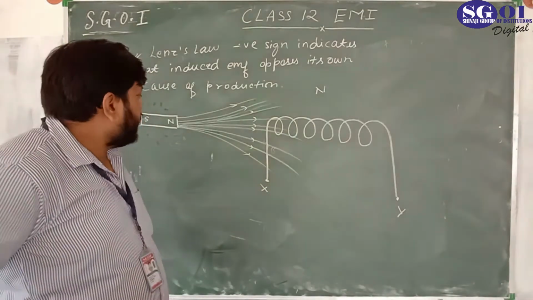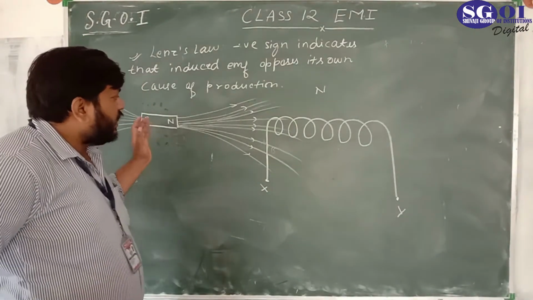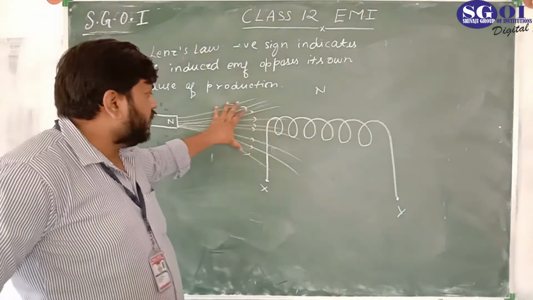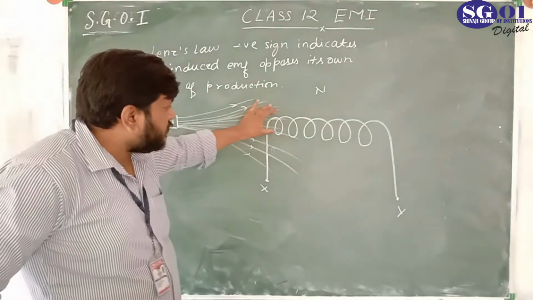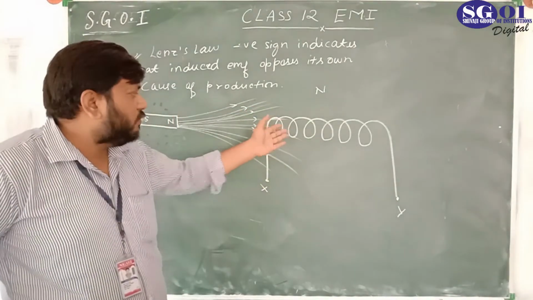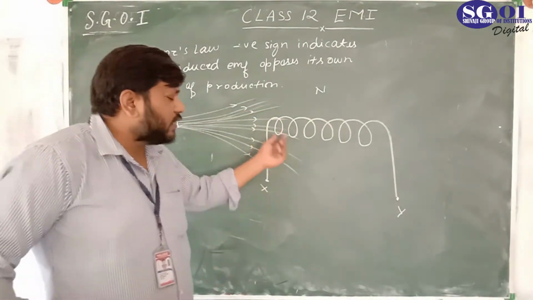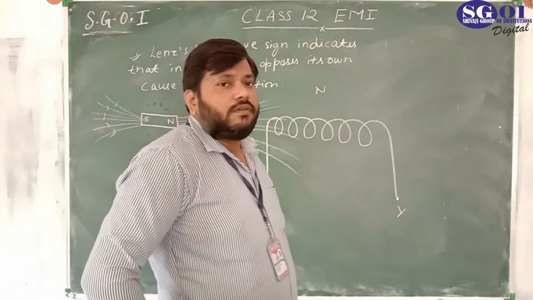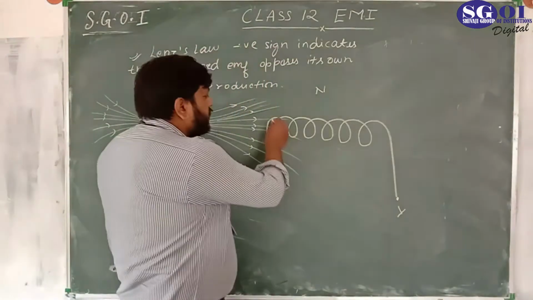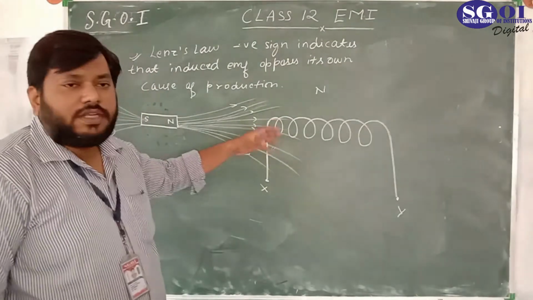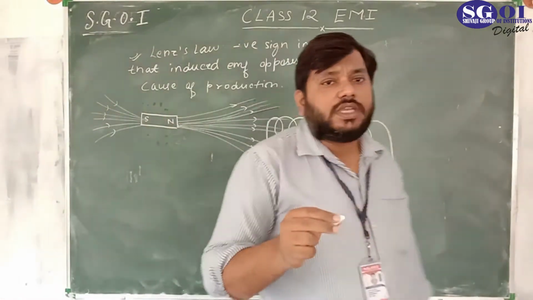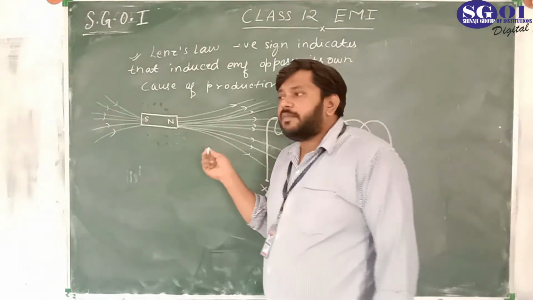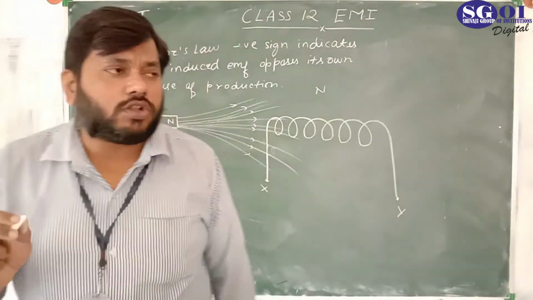You are seeing that this bar magnet is here, there is a magnetic field, there is an area of the coil, it means B dot A is there. But would EMF be induced or not?